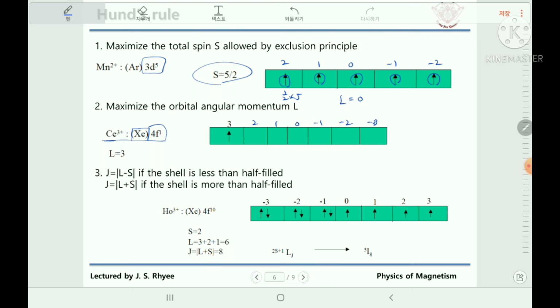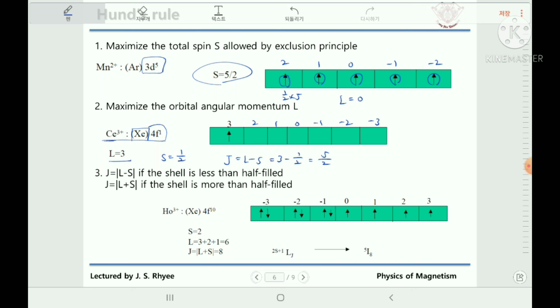From the Hund second rule, the electron occupies the orbital so as to maximize the angular momentum, and therefore the electron occupies the L equals 3 orbital. In this case, L equals 3 and spin is 1/2, and it is less than half filled. Total J is L minus S, therefore 3 minus 1/2, which is 5/2. It is the total angular momentum when you consider LS coupling.